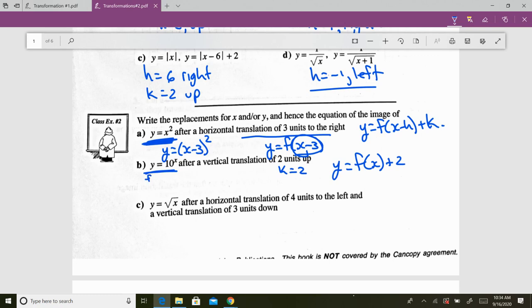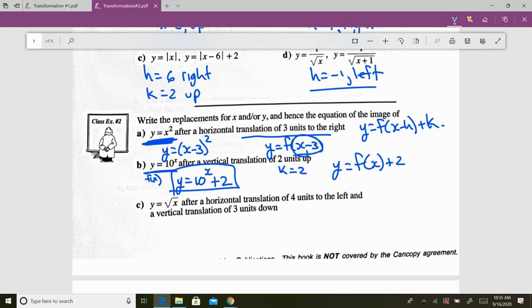Remember, y is the same as f of x, right? So I don't have to replace anything inside the x. So it's just 10 to the x plus 2 on the outside. That's an exponential function, which we look at in the next unit, which is next week.